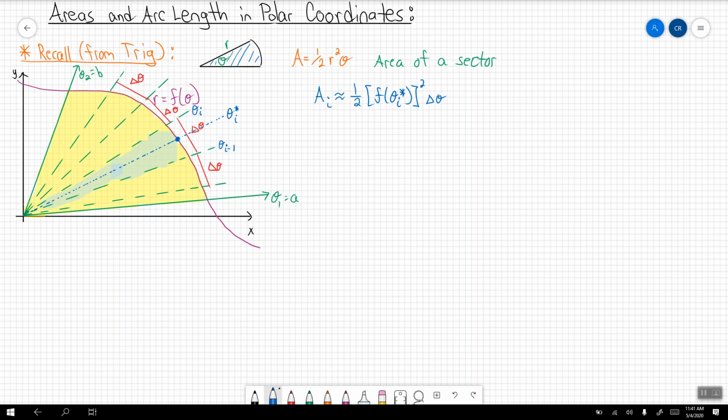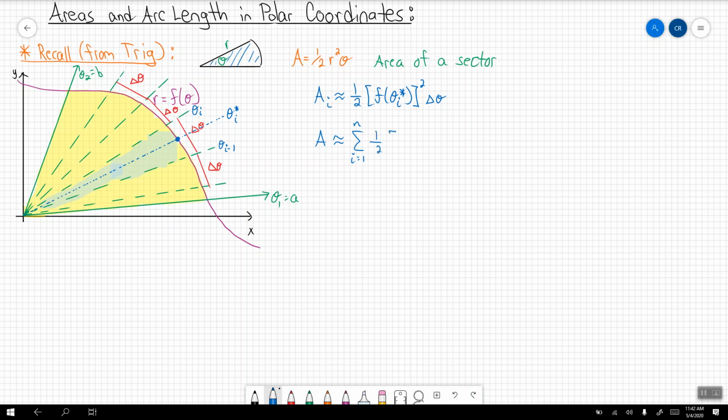But again, that's only for one sector, and it only gives an approximation. Well, what if we don't want an approximation? What if we want an actual count for the total area, or a better approximation for the total area that's highlighted in yellow here? Because again, this is only one of them. So to approximate the area for that region, we take the summation of all of these individual areas that we are observing here, and we just sum them all up.